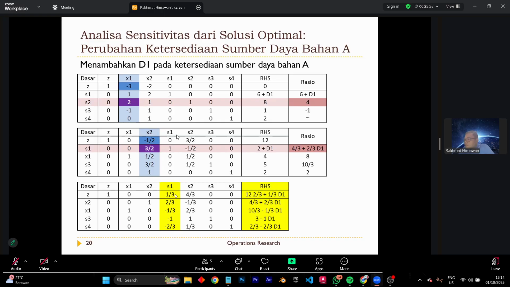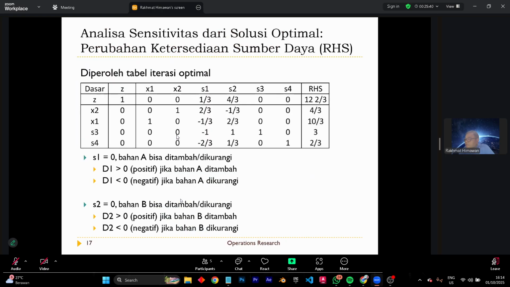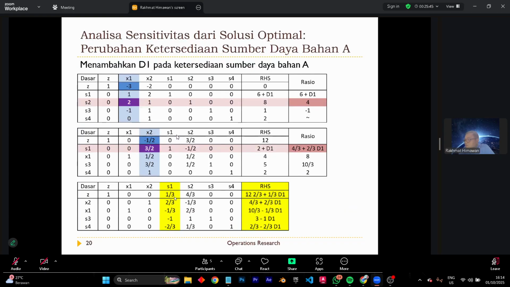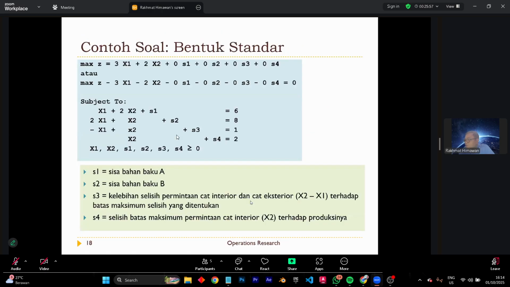Now, this is the optimal solution, just like this one. But now we want to know what's the effect on the right-hand side if we add or deduct D.